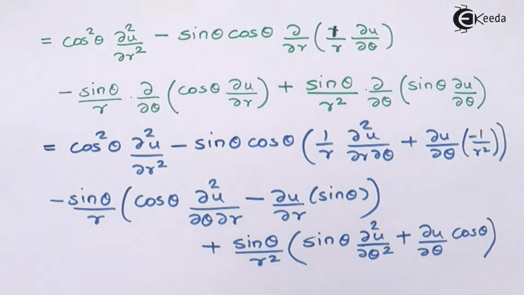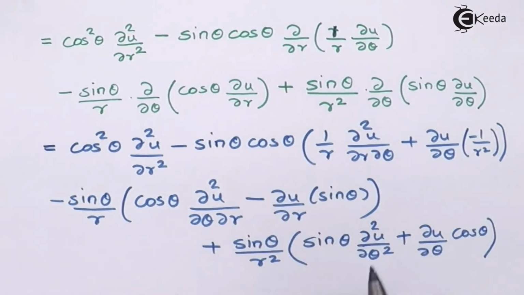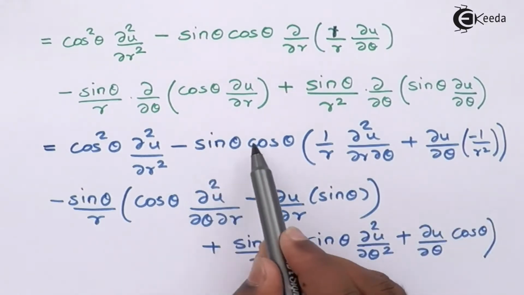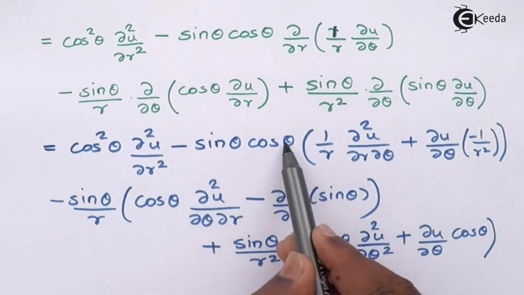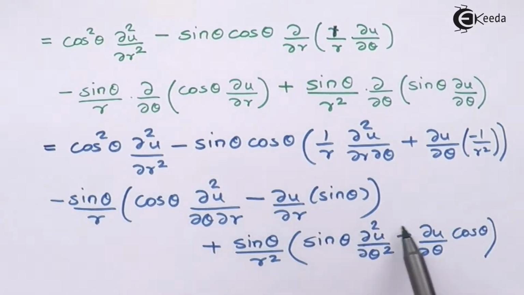Now we'll multiply these brackets with the outside terms and let's see what we get. So I'll multiply this bracket with negative sin theta cos theta. Here I'll multiply with negative sin theta upon r, and here I'll multiply with positive sin theta upon r square.